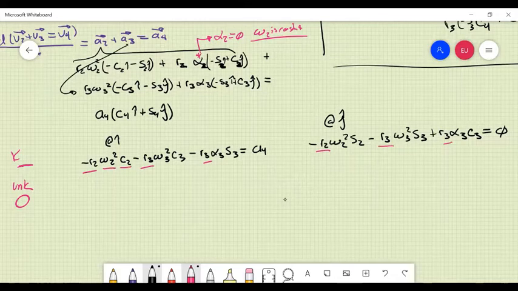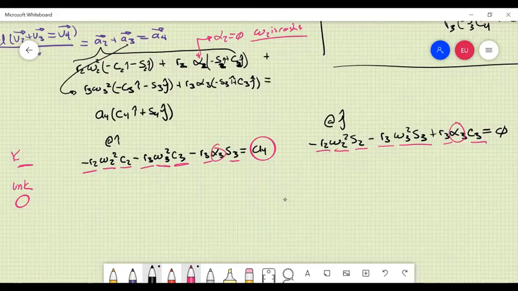I know omega 3 because it comes from the velocity problem. I have solved position. This I don't know. I know all this. I don't know that one, and I know that one. Okay, I don't know alpha 3, which is the angular acceleration of link 3.